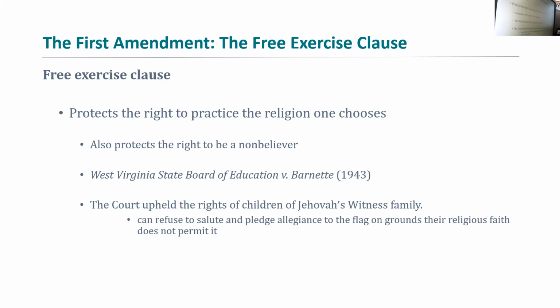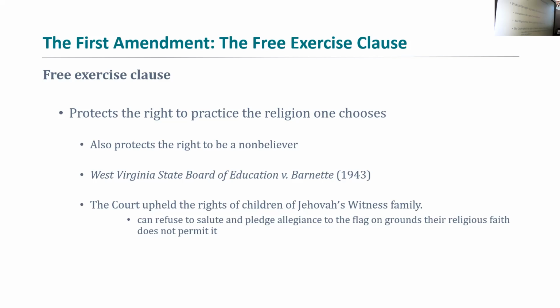In Barnett v. WV, or West Virginia v. Barnett, right? That says that Jehovah's Witnesses do not have to say the Pledge of Allegiance before school every morning. You know you're required by law to say that, yes? Required by law. Jehovah's Witnesses do not have to. Because Jehovah's Witnesses have very strict interpretations of certain aspects of the Bible.